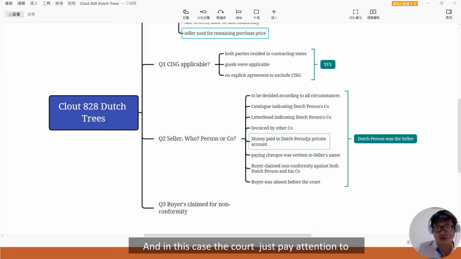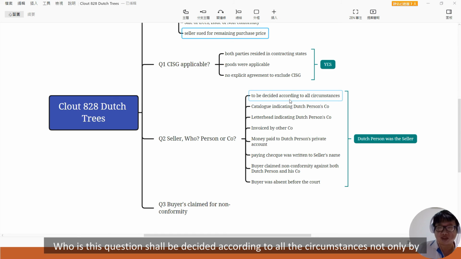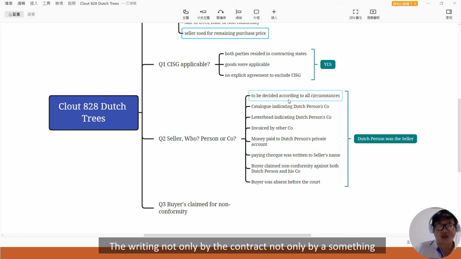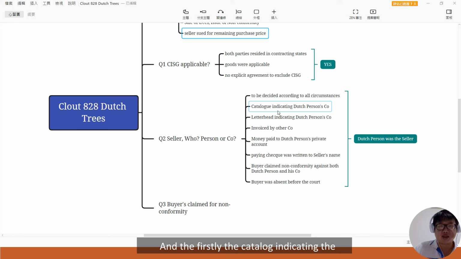In this case, the court held that the question should be decided according to all the circumstances, not only by the writings or the contract. Firstly, the catalog indicated the Dutch person's corporate company.